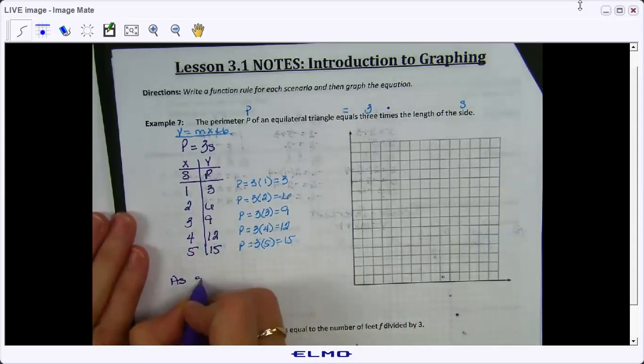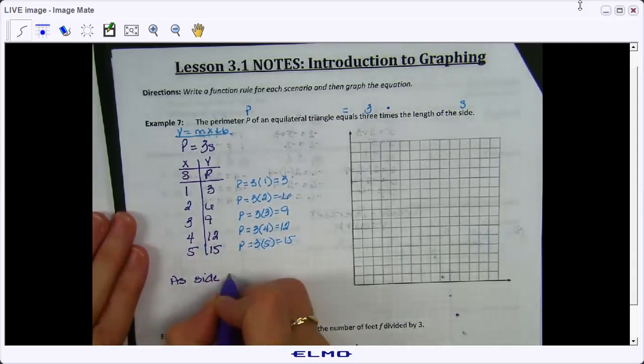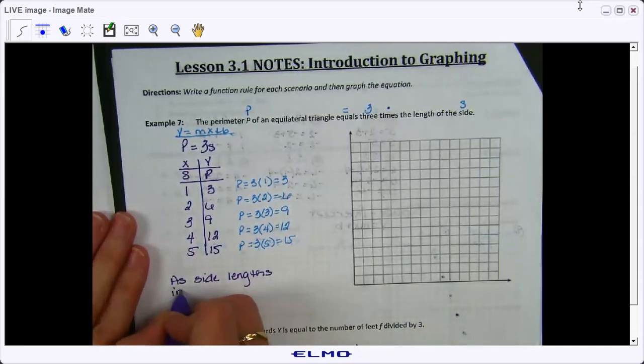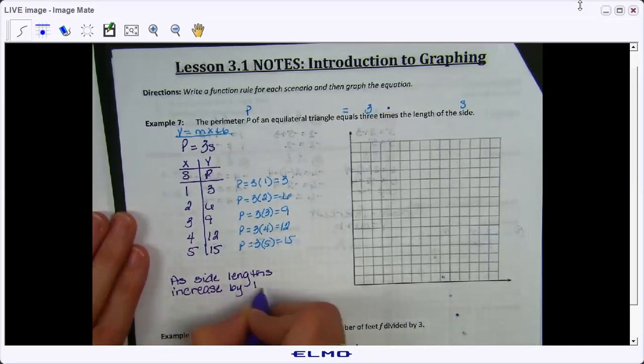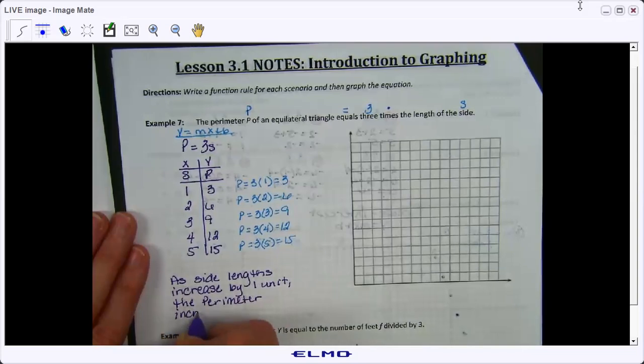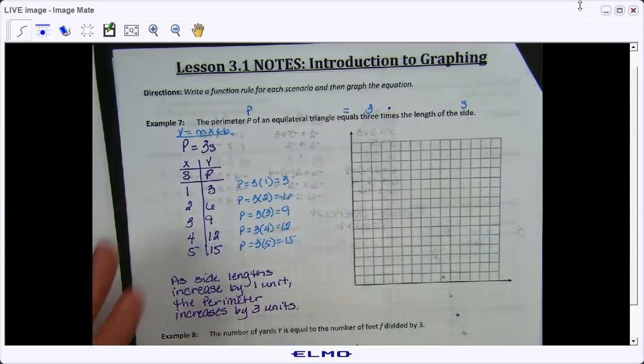As side lengths increase by 1 unit, the perimeter increases by 3 units. Okay.